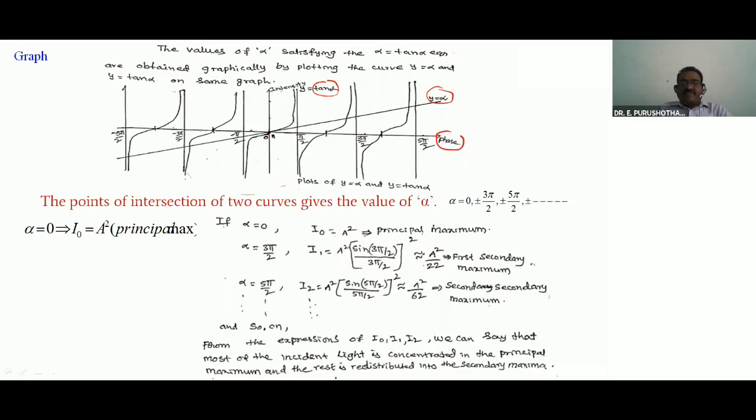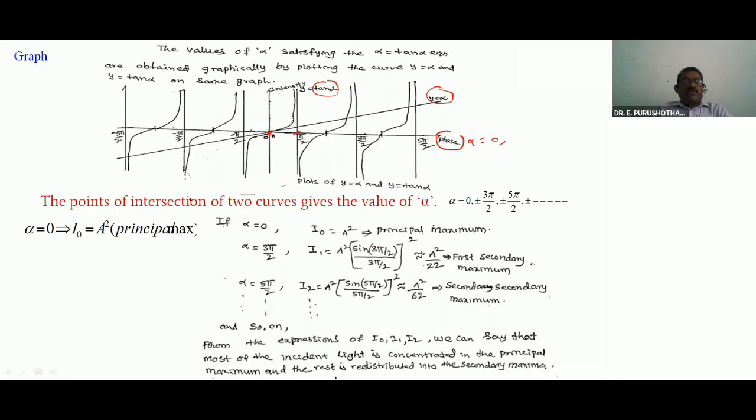The points where alpha is equal to 0 coincide at 0. This coincides at pi by 2, 3 pi by 2 and so on. So this is the coincide value here, 0. In the second one, this is 3 pi by 2, in this 5 pi by 2, and so on.